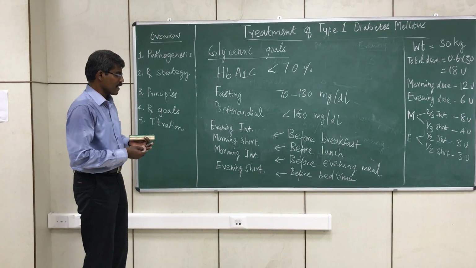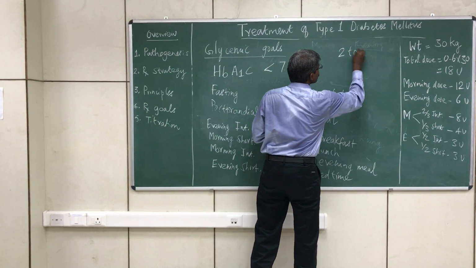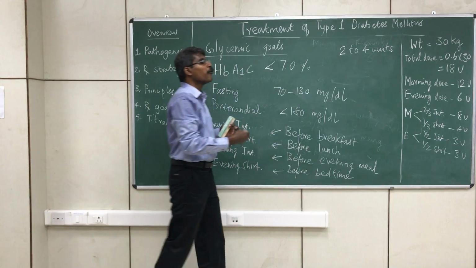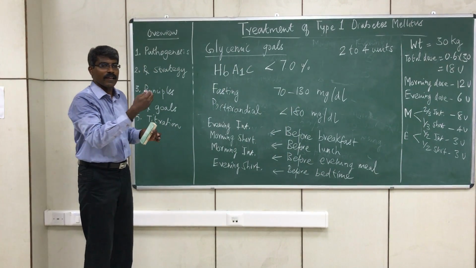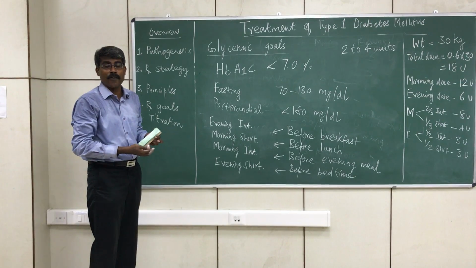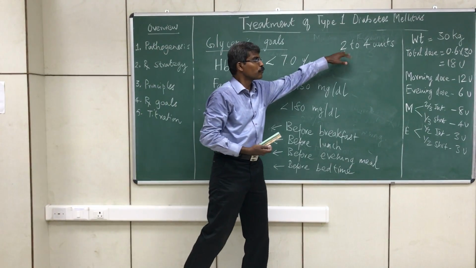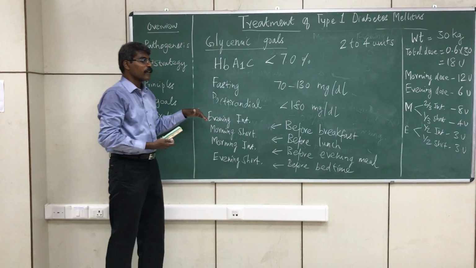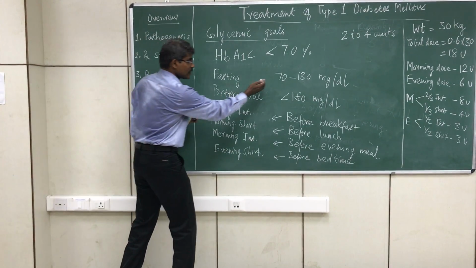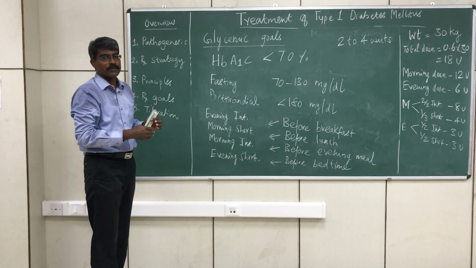Now, how much should be the magnitude of change? The magnitude of change is usually 2 to 4 units. Never change above 4 units, and you can either increase or decrease. Ask the patient whether he is having symptoms of hypoglycemia. If so, then you need to reduce the dose by 2 to 4 units. Or if the fasting glucose level goes below 70, then you need to take care of reducing the insulin dose.